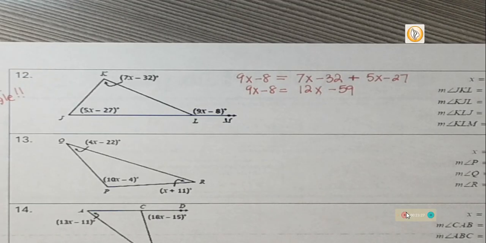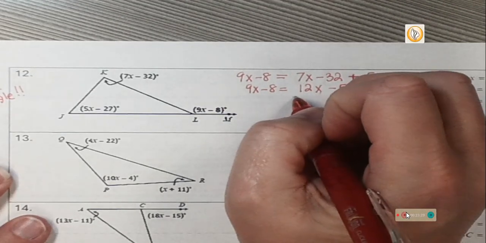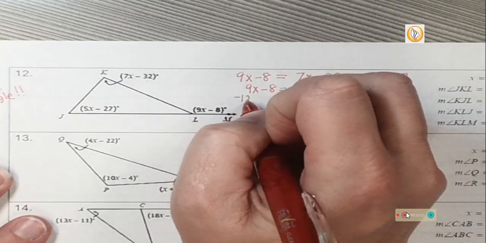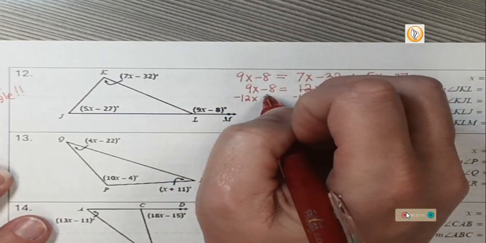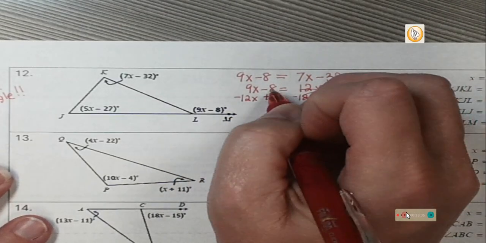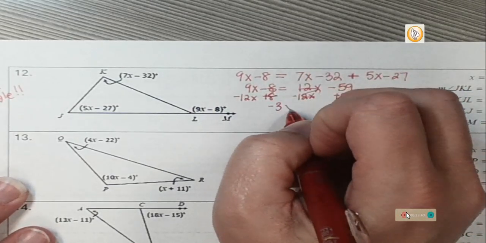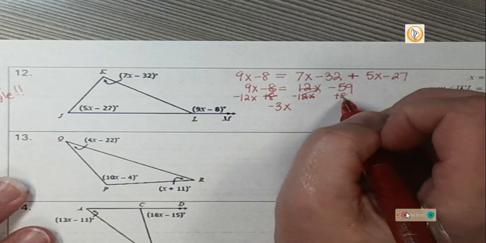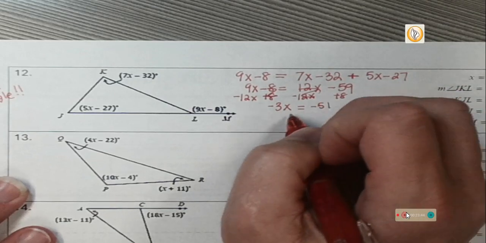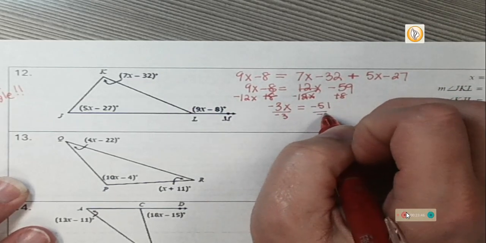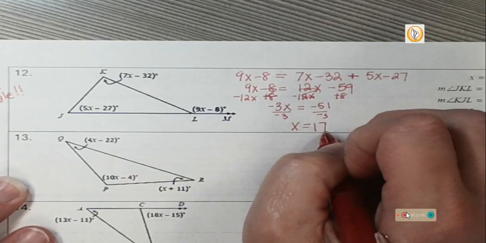I'm going to do variables to the left. So I'm going to minus 12x. Inverses cancel. I'm going to add 8 because constants cancel. So that gives me 9 minus 12, which is a negative 3x. Negative 59 plus 8 equals a negative 51. I have to divide by negative 3, and so I find out x equals 17.